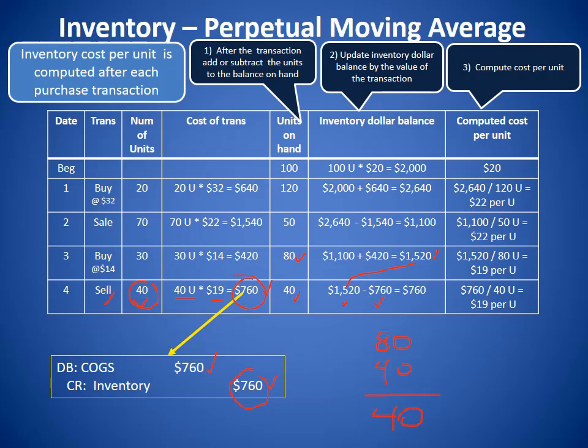That means we have a balance now of $760 left over. And we divide that $760 by the 40 units on hand, and we come up again to $19 per unit in inventory. So in effect, every time we have a transaction in inventory, we recalculate the moving average, and it becomes our basis for our next transaction. So this is a perpetual moving average calculation.